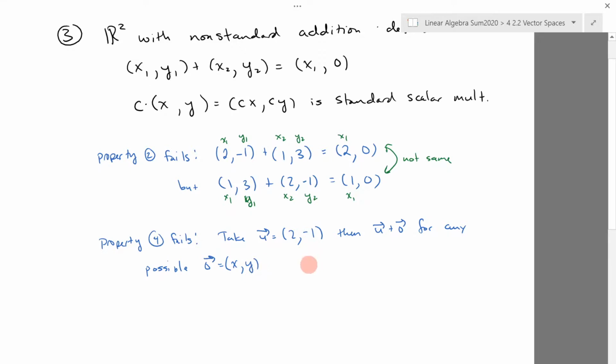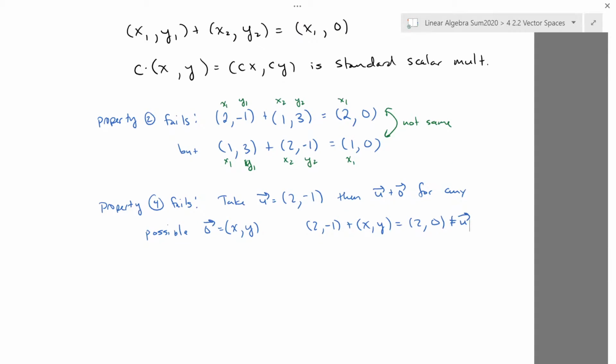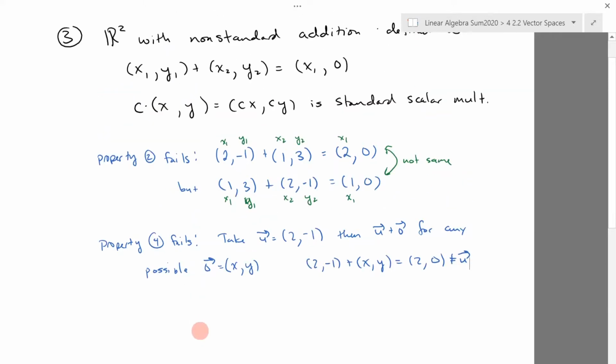So it'll look like 2 comma -1 plus x comma y. But then the rule says I take the first coordinate of the first vector, which is 2, and the second coordinate is always 0. But this is not equal to u, so I can't recover the original vector. So property 4 fails.